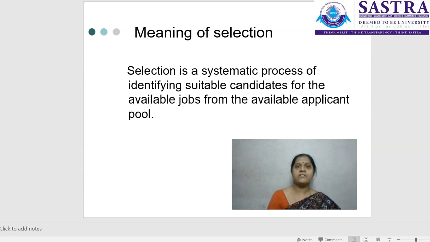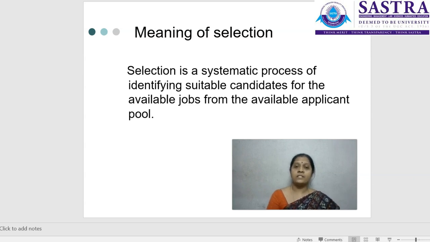The next difference is that the aim of recruitment is to gather as many applications as possible for the job in an organization, and hence it is viewed as a positive task, because the main intention of recruitment is to gather as many applicants as possible.